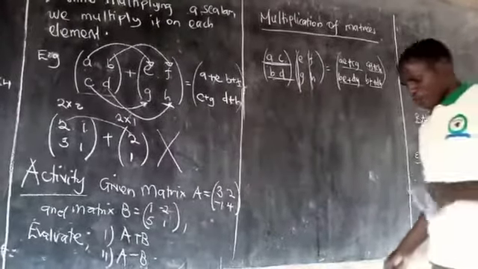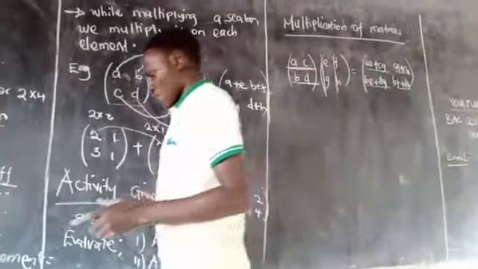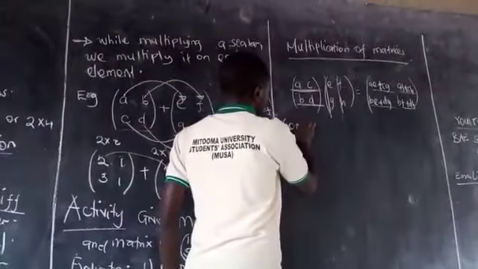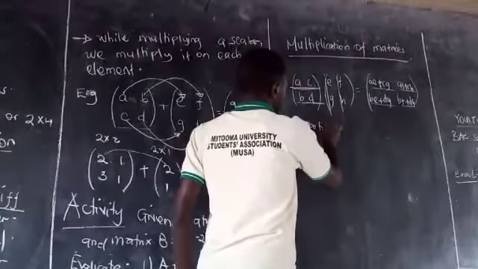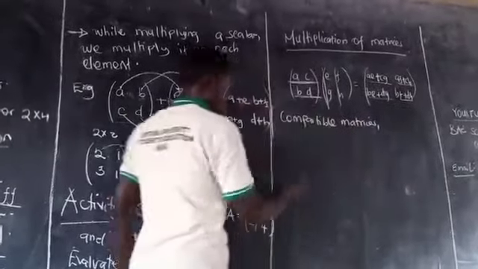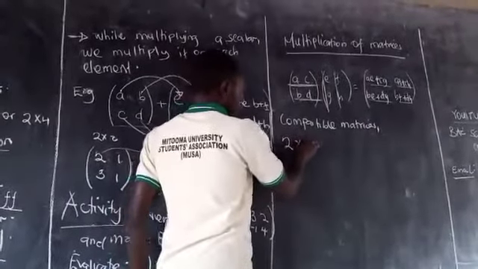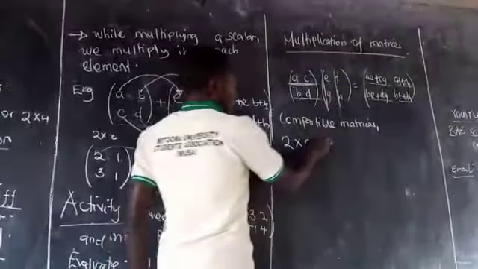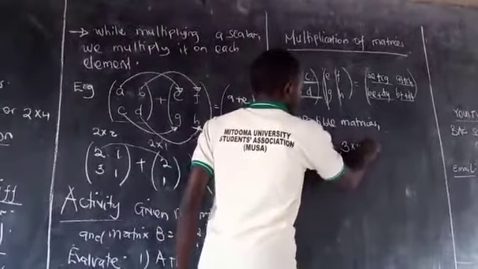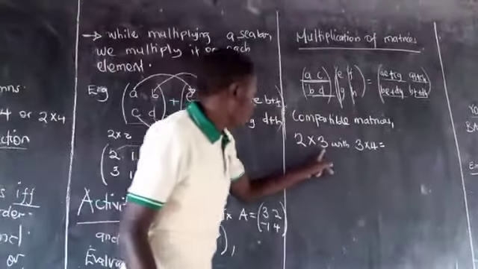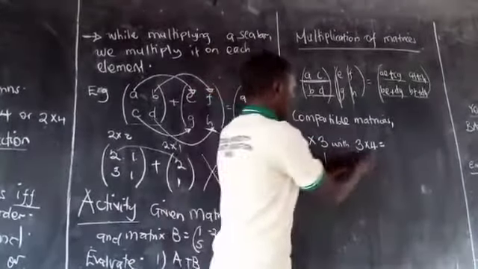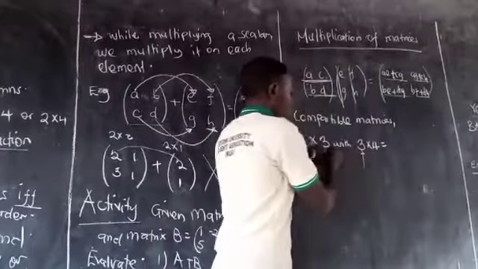Now, about the compatibility of two matrices. If you are multiplying a 2 by 3 matrix with a 3 by 4 matrix, then the number of columns in the first matrix, which is 3, is equal to the number of rows in the second matrix, which is also 3.